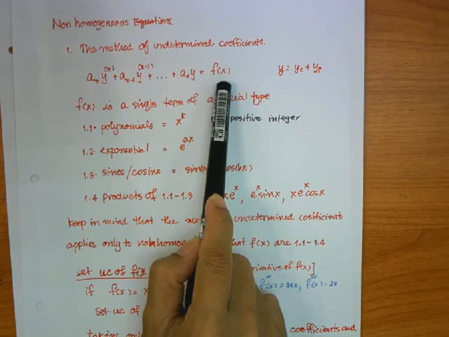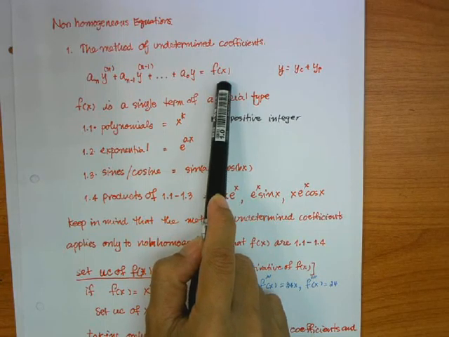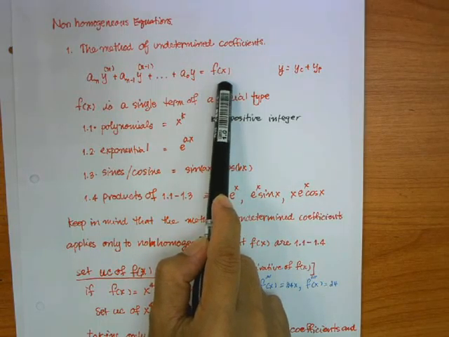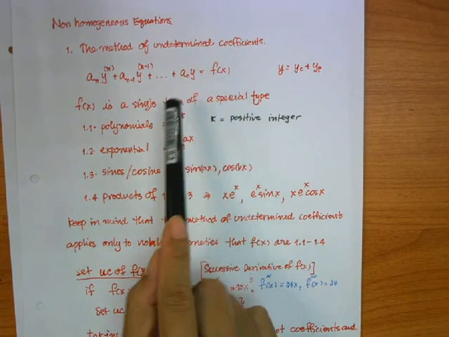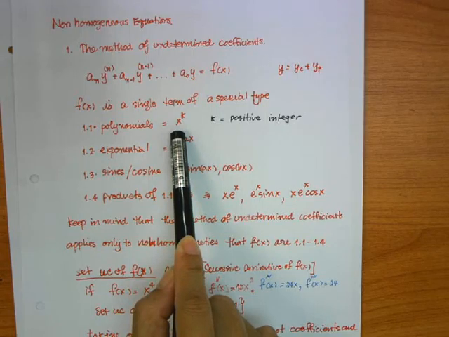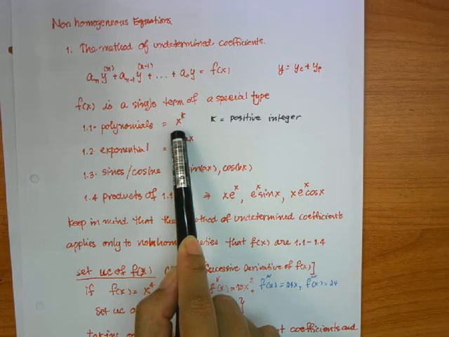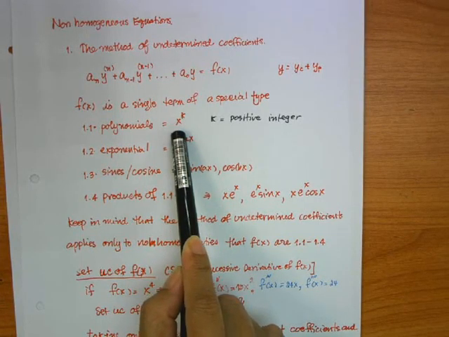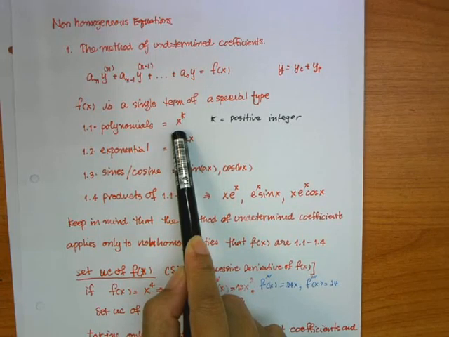Yes, because x to the power 4 fits the first function type. Now we are going to find set UC of x to the power 4.